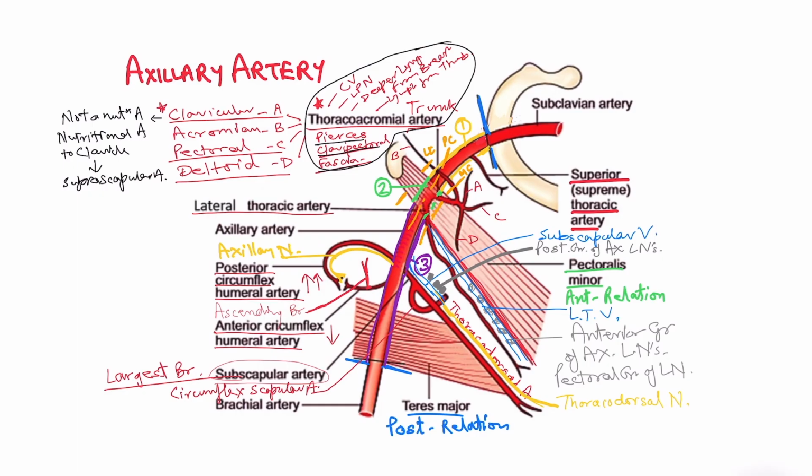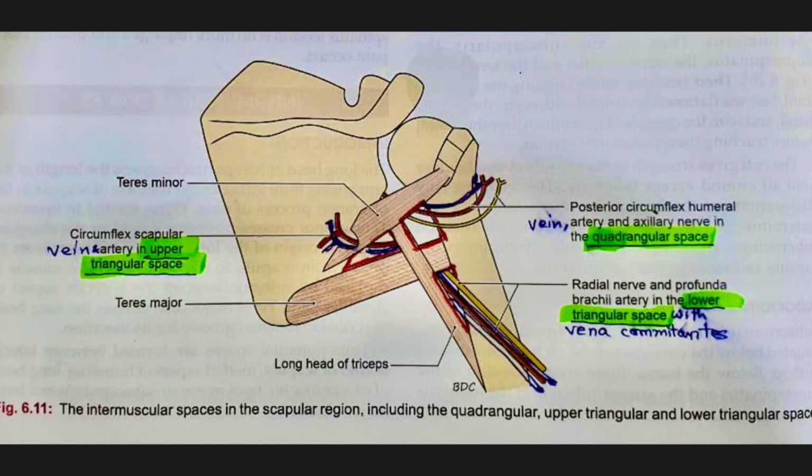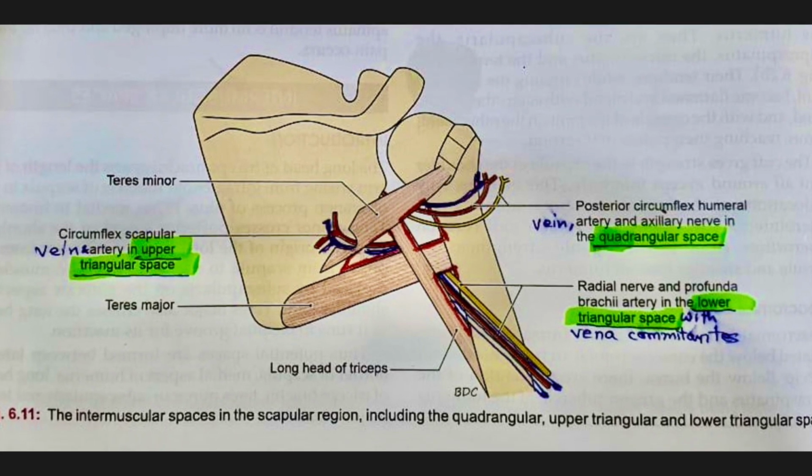Now, before finishing off, let me cover some important points left out. One is, in case of intermuscular spaces, if they ask the structures passing through the intermuscular spaces in the scapular region. When you slightly abduct the arm, you find a quadrangular space, then an upper and a lower triangular space.